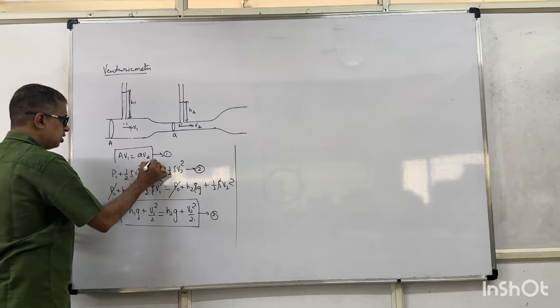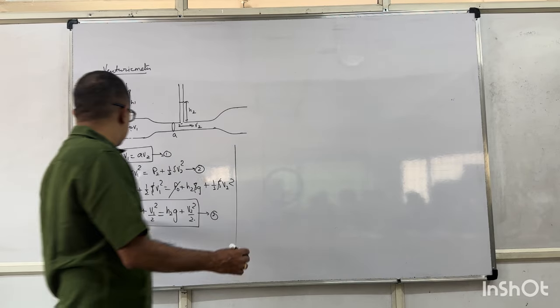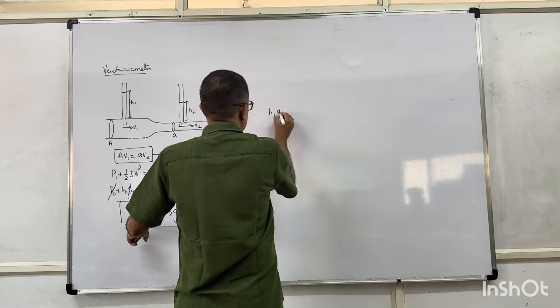First equation is AV1 is equal to av2. Venturi meter is generally used to measure the value of V1, velocity at 1. So eliminate V2. How do I do that?